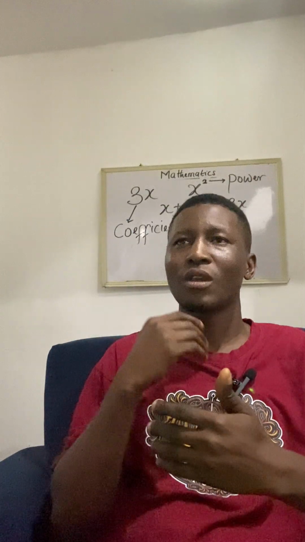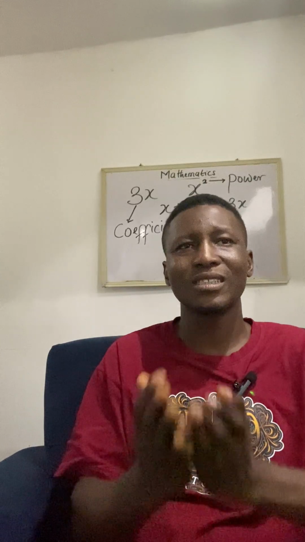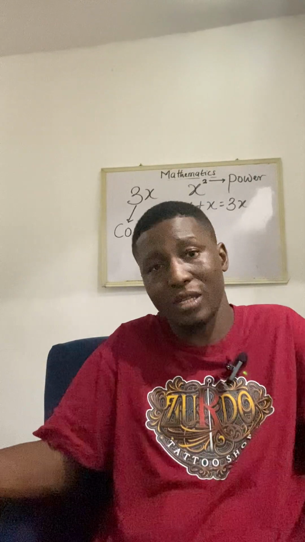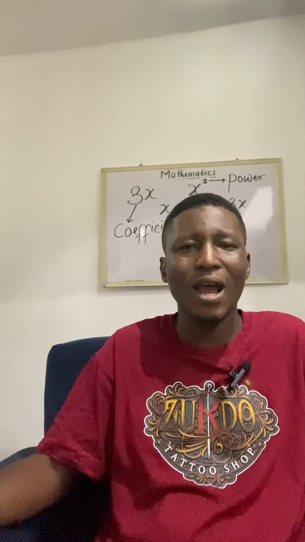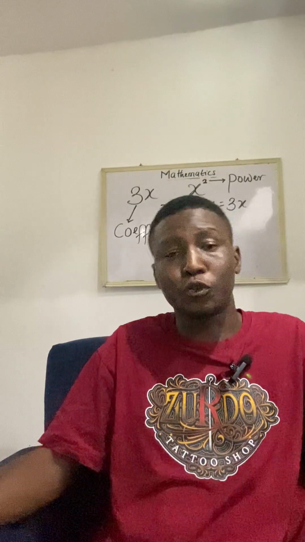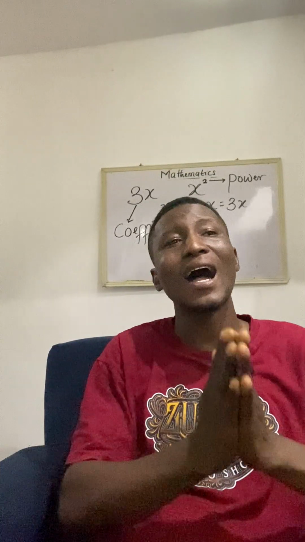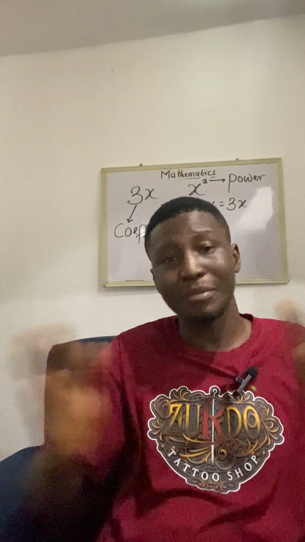Why did I say the same degree? You cannot add x squared and x together because they are not of the same degree. The first one has a degree of 2, while the second one has a degree of 1. So you can only add the same letter of the same degree.